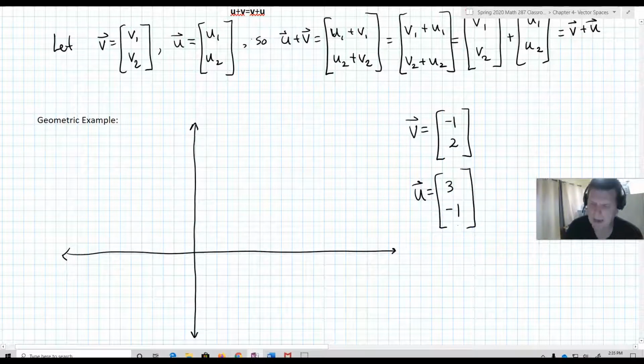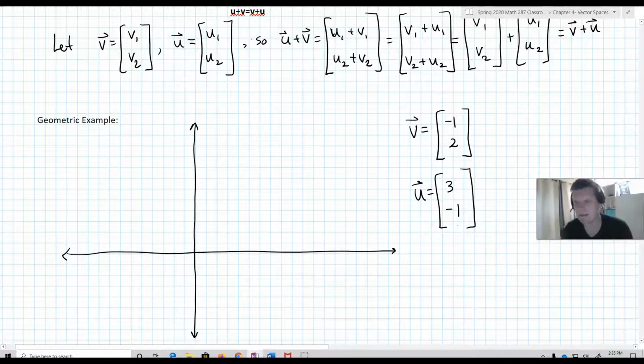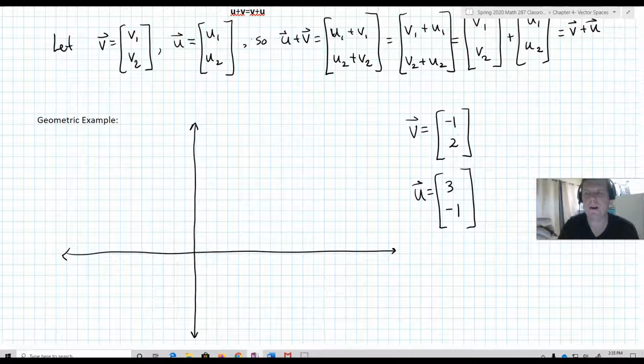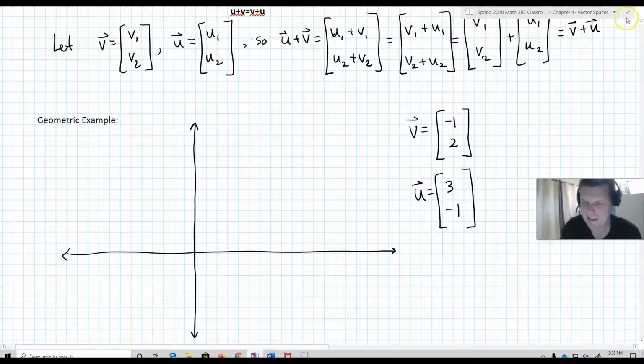Now, adding it addition-wise, no problem. You can see -1 plus 3 is 3 plus -1, and 2 plus -1 is -1 plus 2. Those two are equal. Good. What we want to understand is that with vectors, it doesn't matter which tail we're adding to which tip.